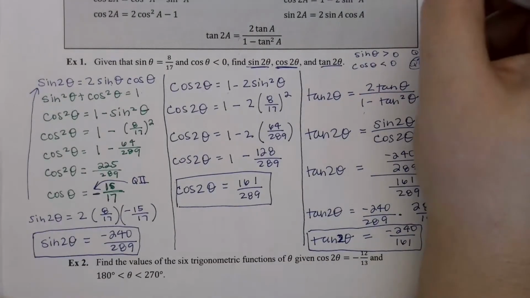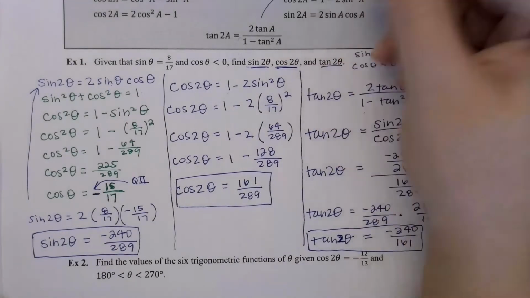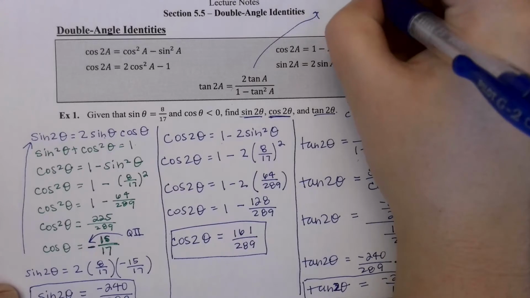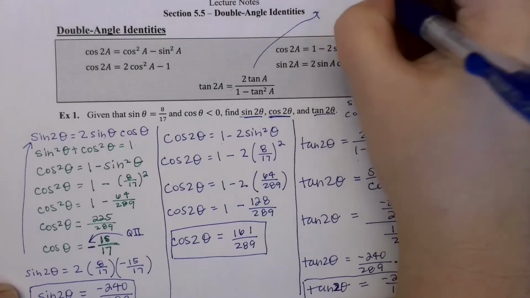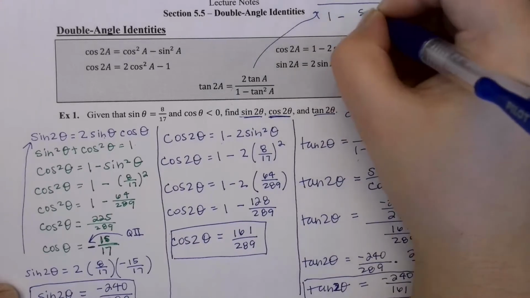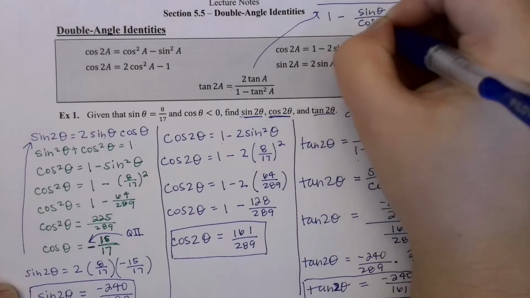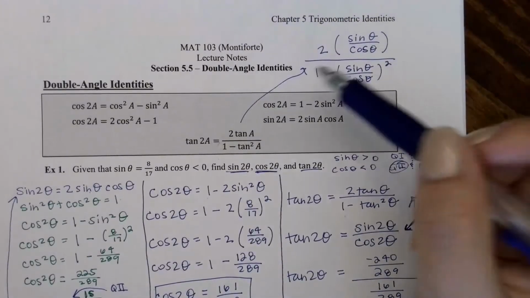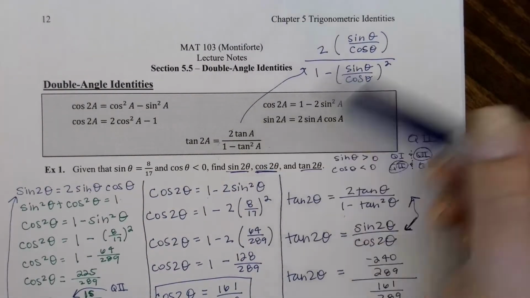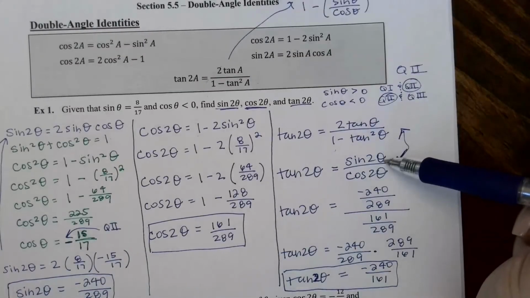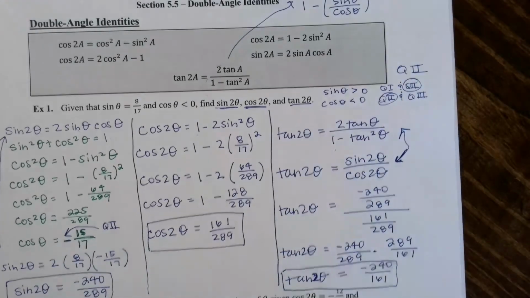Again, for this, you could have plugged in 2 times sine theta over cosine theta over 1 minus sine theta over cosine theta squared. So this is the same formula. I just replaced tangent with sine over cosine. Or you can just do this one here.